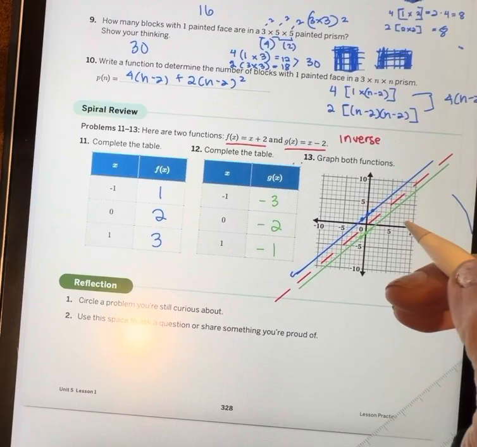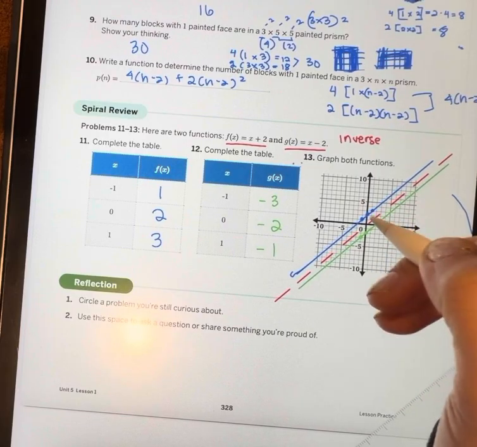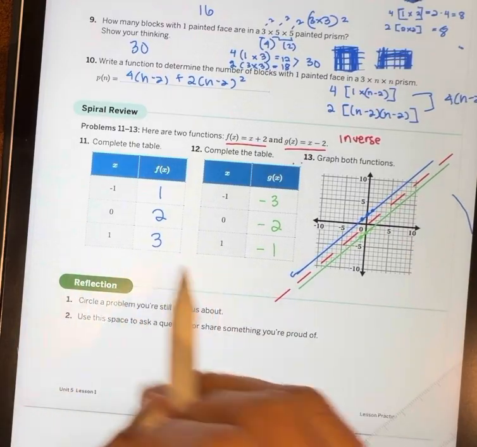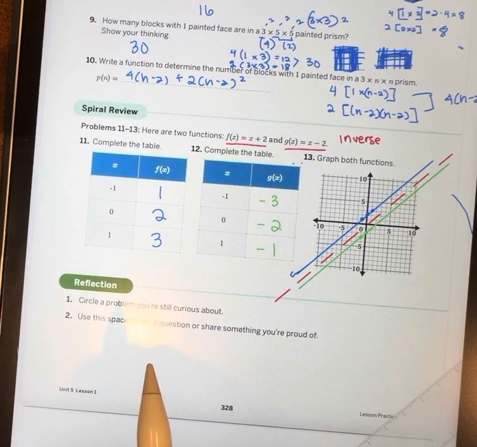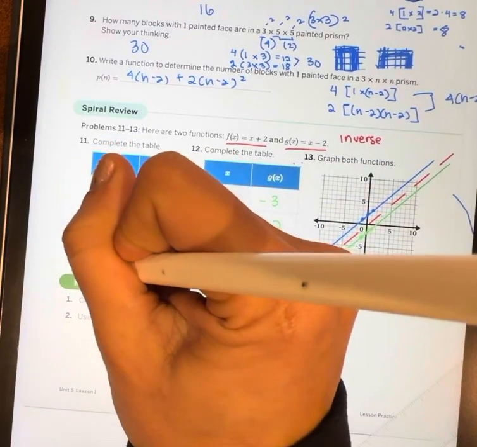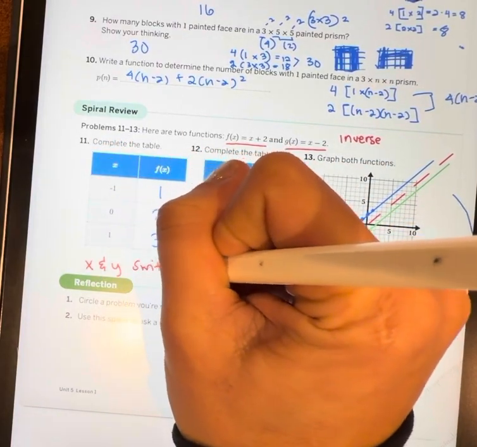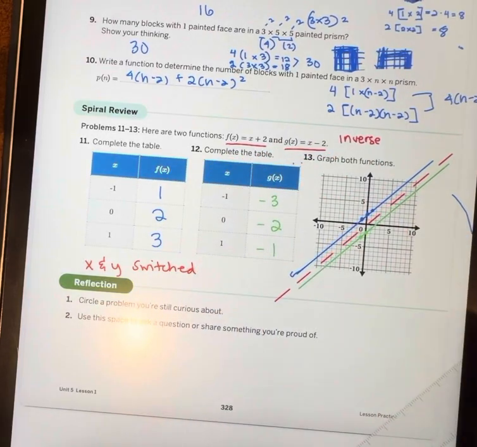And then what happens with an inverse is that, and the table that they gave doesn't even show it, but basically their x's and y's are switched. Okay?